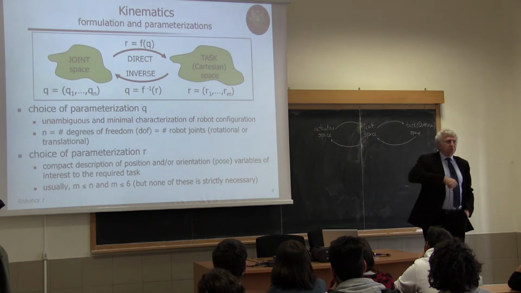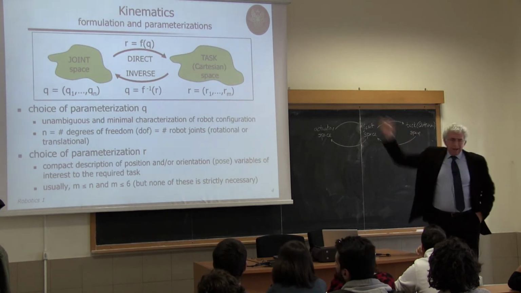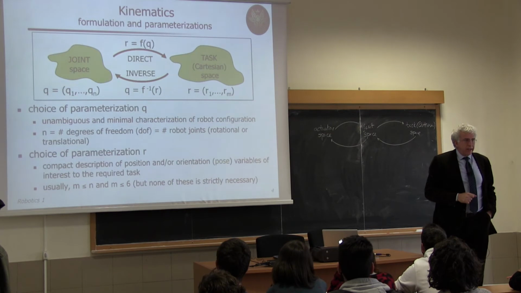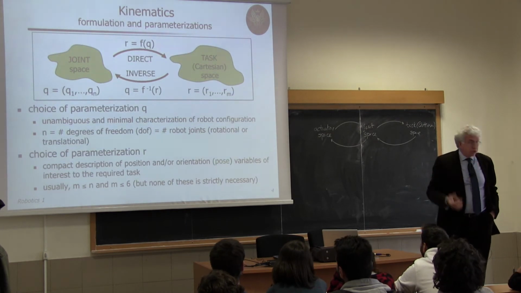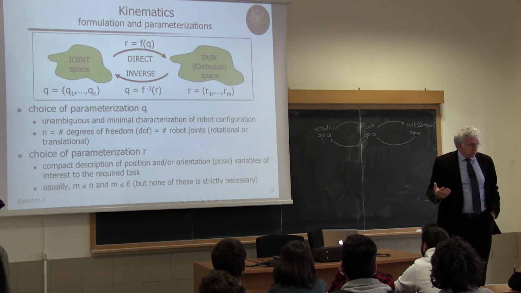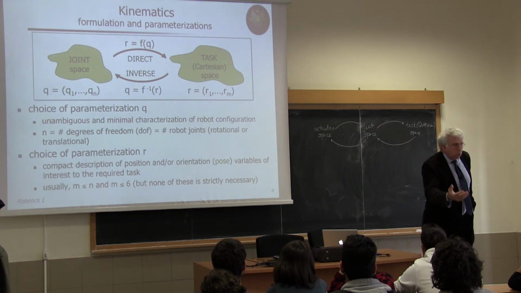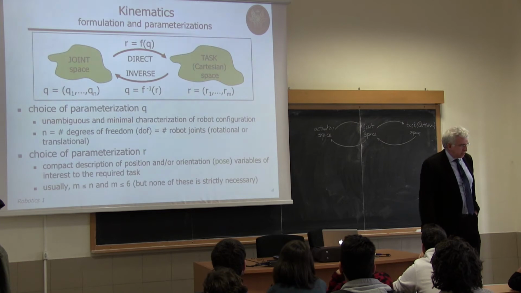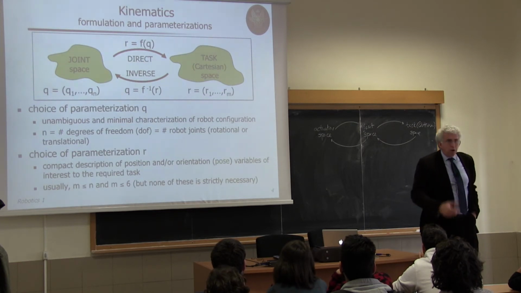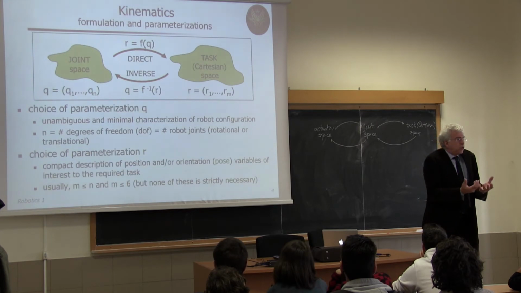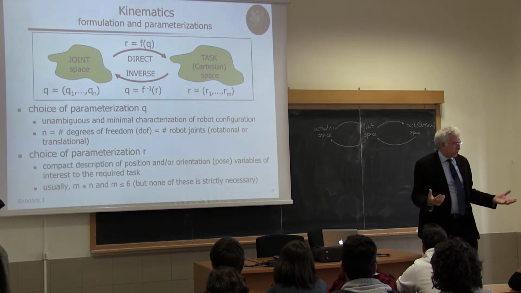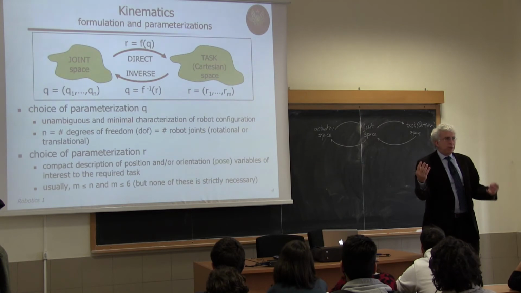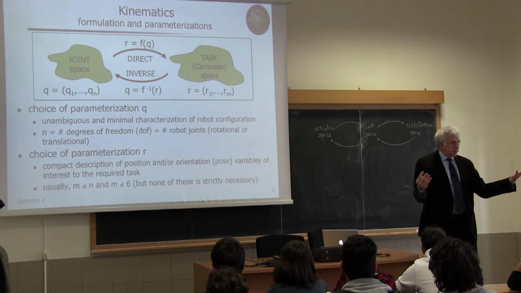If I give you one configuration, so the 4 values of the joint angles or joint linear motions of a SCARA robot, can I compute where the position of its end effector is and how the end effector is oriented? I could, or I have too little information. This is what you're suggesting. I have 4 variables. Can I compute 6 variables out of these 4?